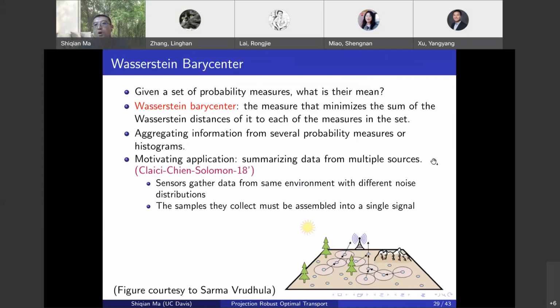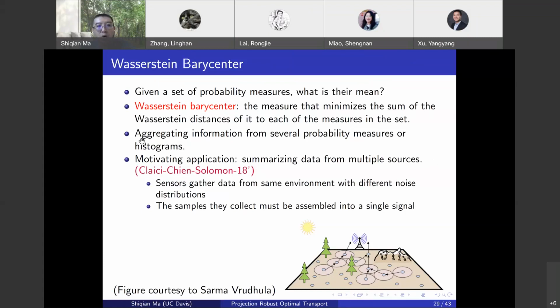First of all, you want the mean to still be a probability measure, and you want the distance between all these given probability measures and the center to be minimized.